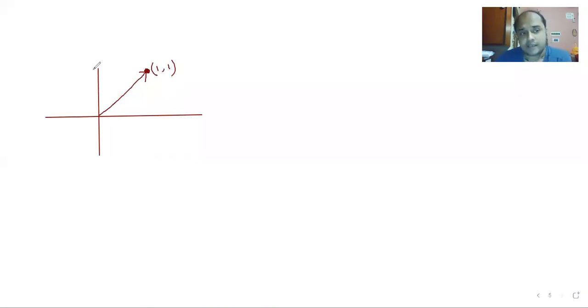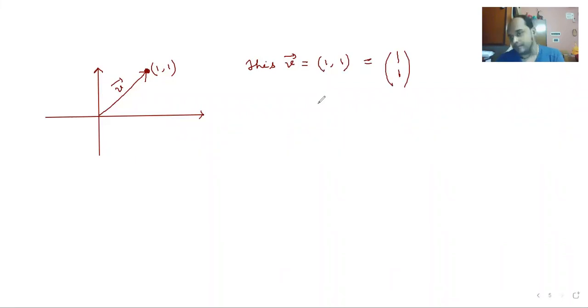Now when we started studying vector space, we began to call it a vector starting from the origin and going up to the point (1, 1) in the two-dimensional plane. And now what this matrix representation is saying, let us name this vector v. This vector v is similar to the coordinate (1, 1) in coordinate representation, and similar to the matrix (1, 1) in matrix representation. So all these things are actually the same, different representations of the same item.